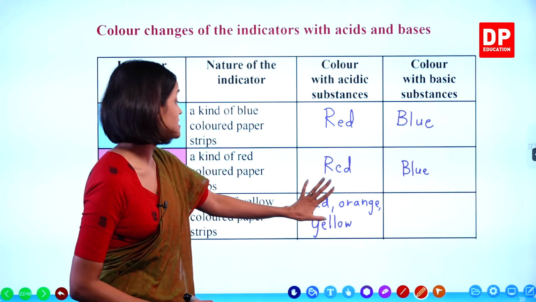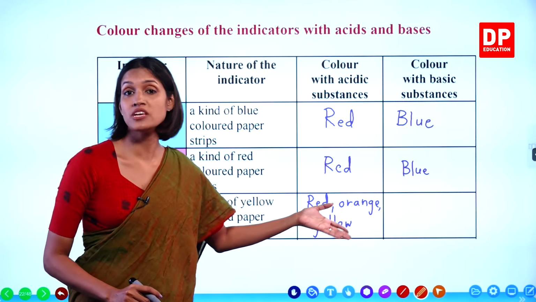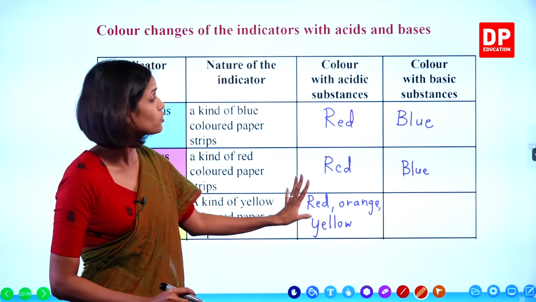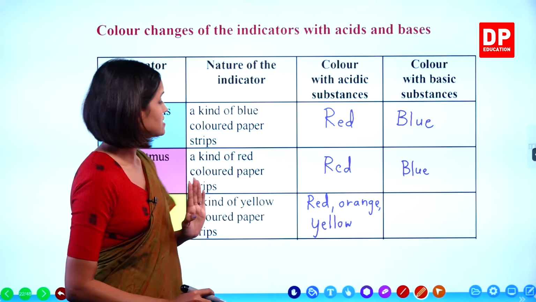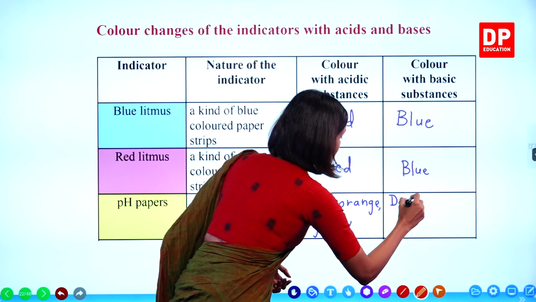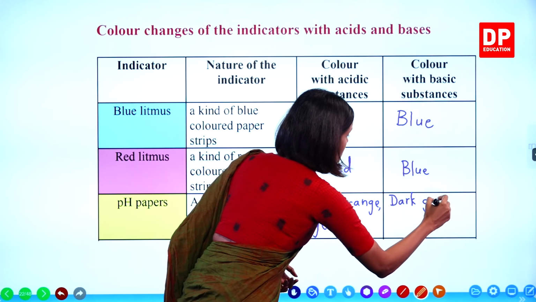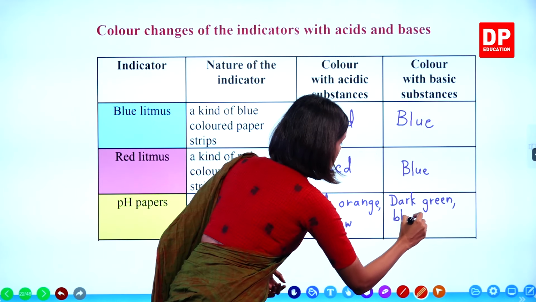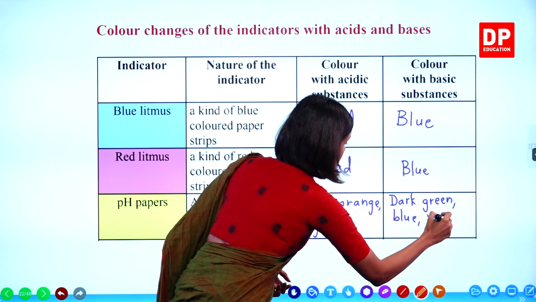Okay children, that's why I said using these pH papers, we can identify what are the strong acids and weak acids likewise. Okay, so color with basic substances, here it gives dark green, blue or violet.